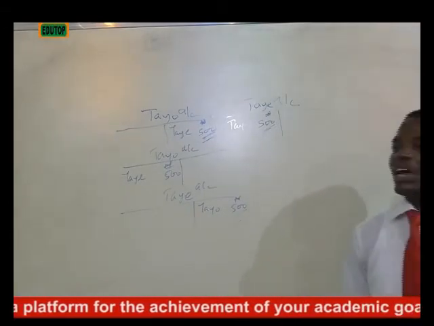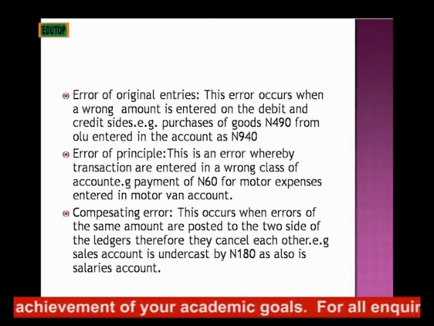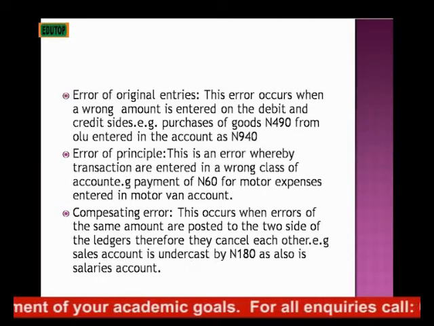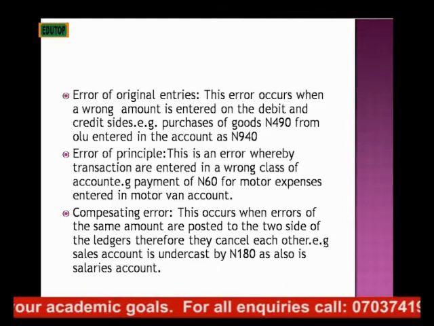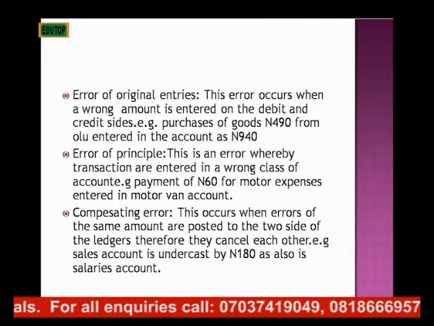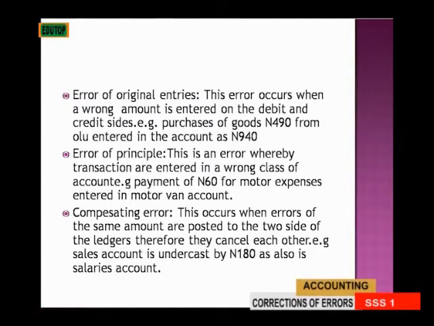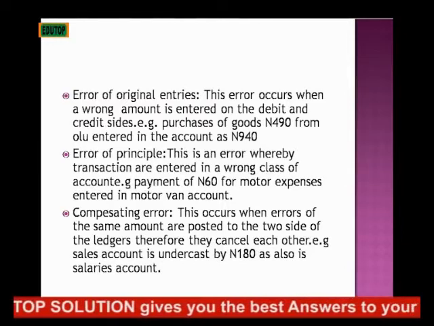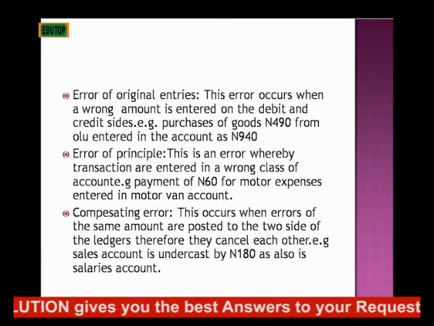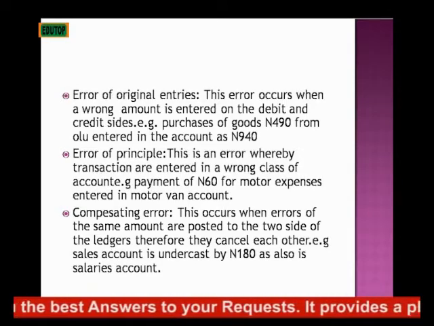Then another one is the error of original entry. This error occurs when a wrong amount is entered on the debit and credit side. For example, purchase of goods 490 from Olu entered in the account as 940.